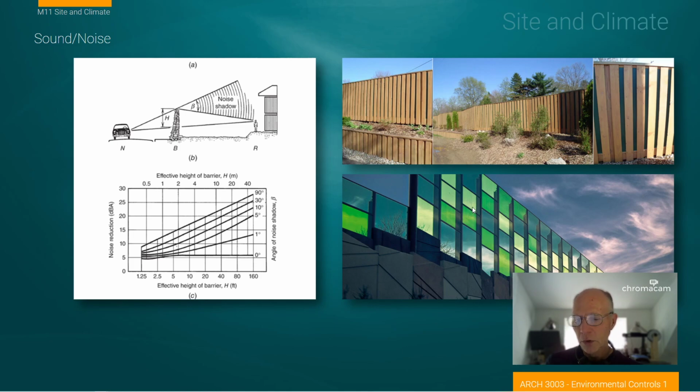In this case, this illustration brings up another point that comes along with these types of devices, which is this lack of transparency and the kind of degradation of the environment on either side of what is a visual barrier.